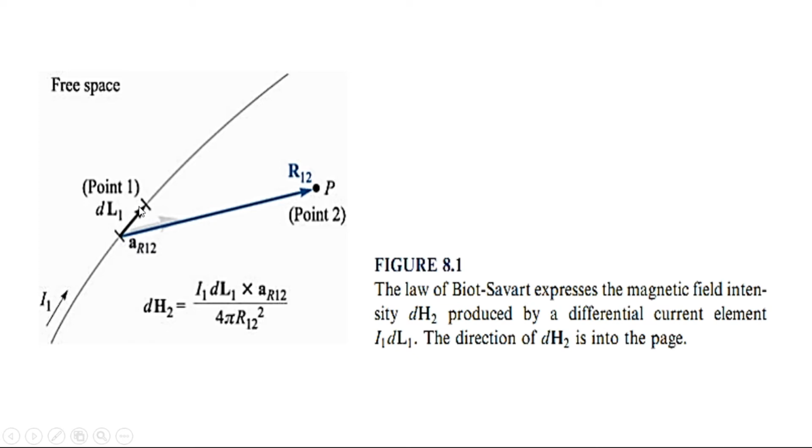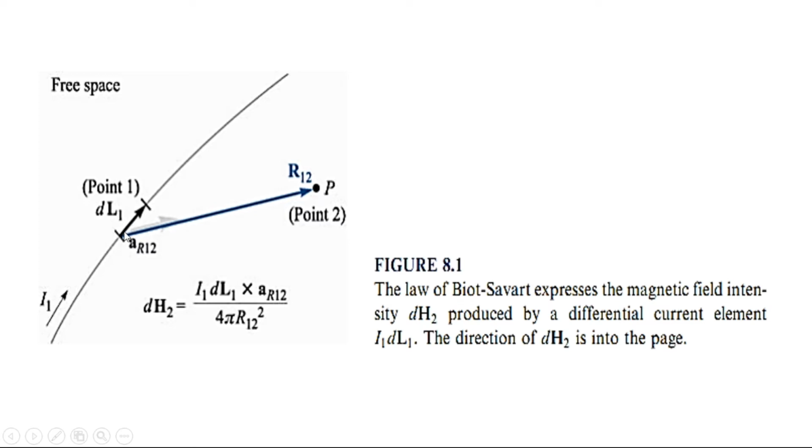Let's suppose this differential current element is at point 1 and the magnetic field intensity is desired to be found at point P, which is actually point 2. So according to Biot-Savart law, what will be the magnetic field intensity at this point due to this differential current element?